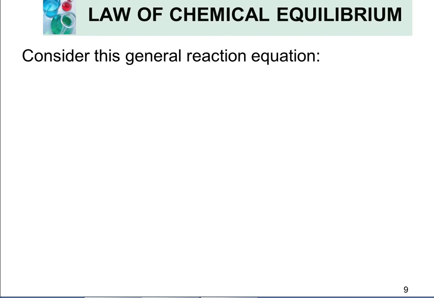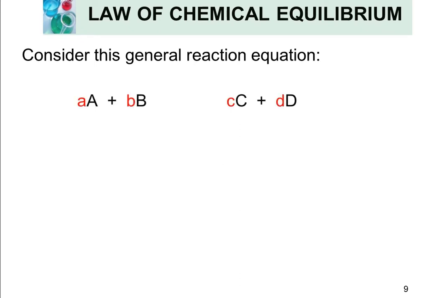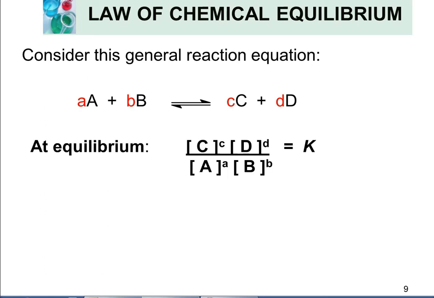Consider this general reaction equation: aA + bB produce cC + dD, where the lower case a, b, c and d are stoichiometric coefficients. When the system achieves equilibrium, the equilibrium constant is written as K equal to the concentration of C to the power of c times the concentration of D to the power of d, divided by the concentration of A to the power of a and the concentration of B to the power of b.